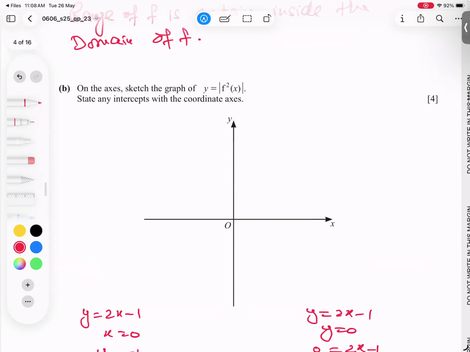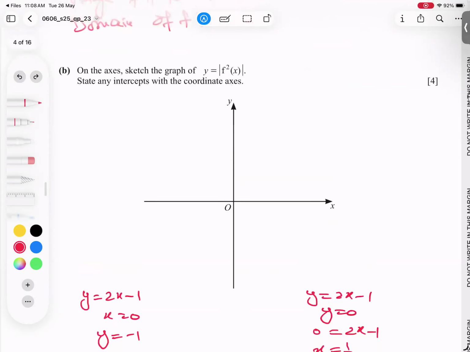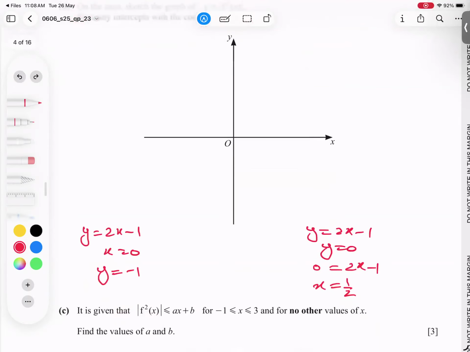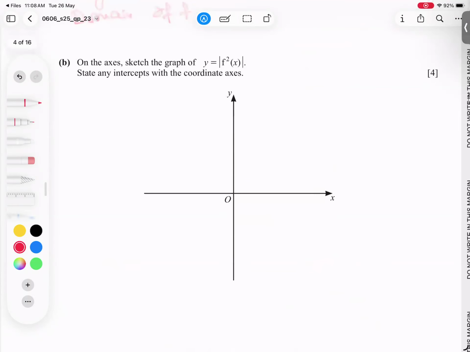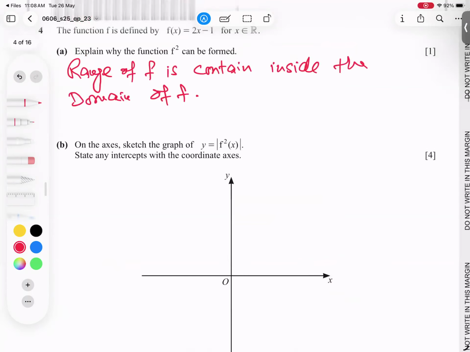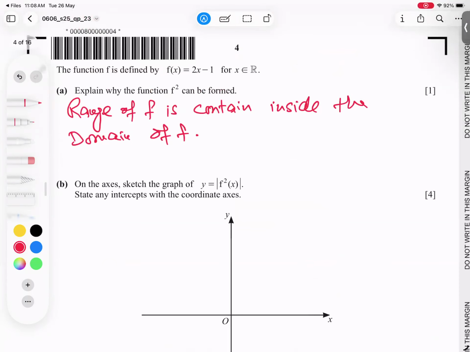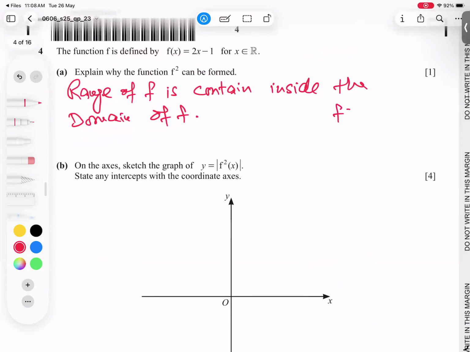But the question is saying f square. So f square means, sorry to say, I have to change the plan. f square actually, or f of f of x. So f square means, first of all, put f in f. So put f in f. This is f of x.